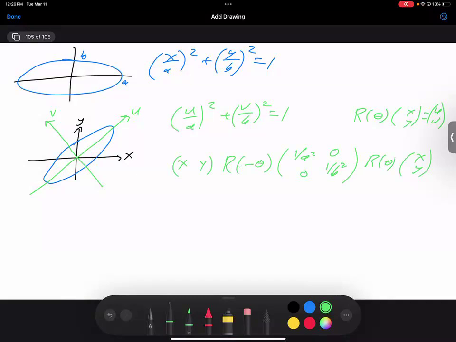This is a great way of saying, if I want to study the ellipse, change to the coordinate system where the ellipse is nice, study it there, and then change back when you're done. So we first rotate to the uv space, and then we rotate out of the uv space back to the xy space. It's all about finding the right coordinate system to study things.